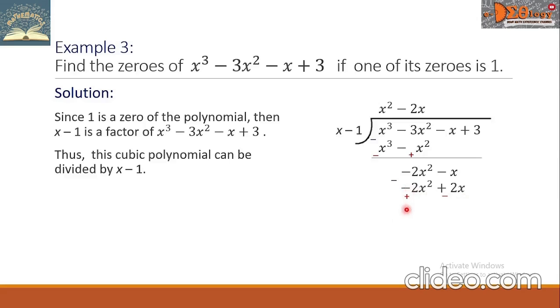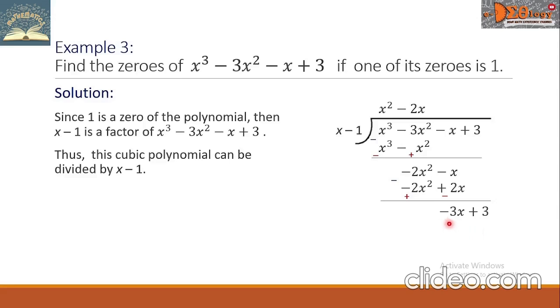The negative becomes positive, the positive becomes negative. Then we proceed to addition. The negative 2x squared plus 2x squared will cancel out. The negative x plus the negative 2x, we will get the negative 3x. Then we bring down the plus 3.